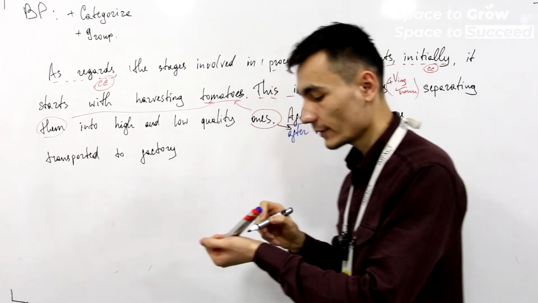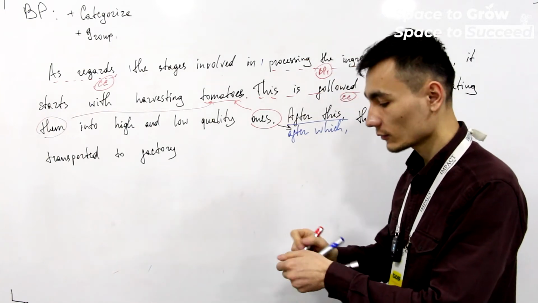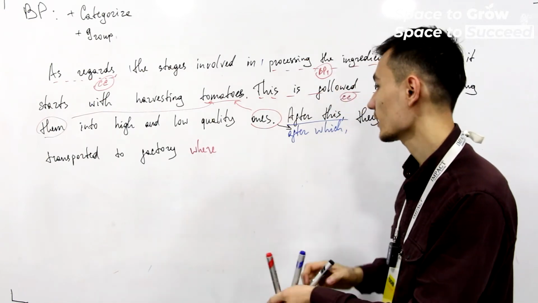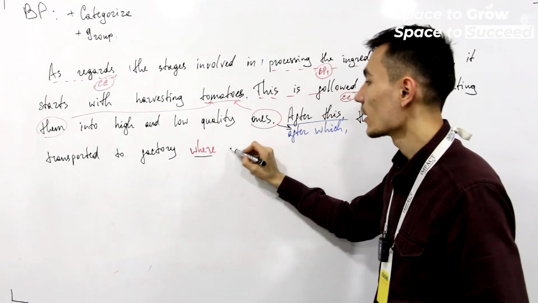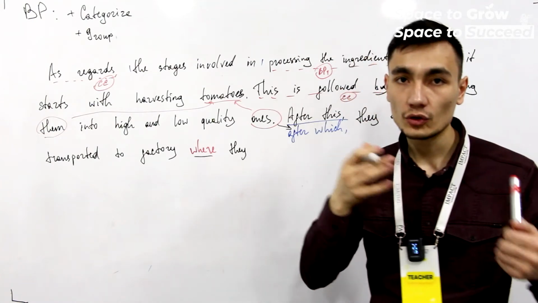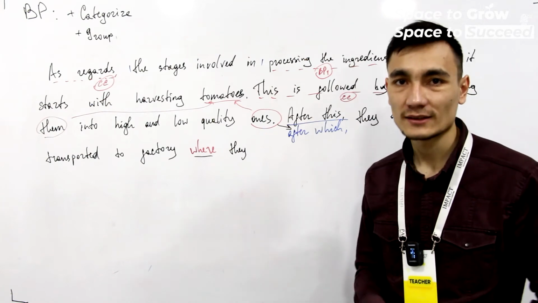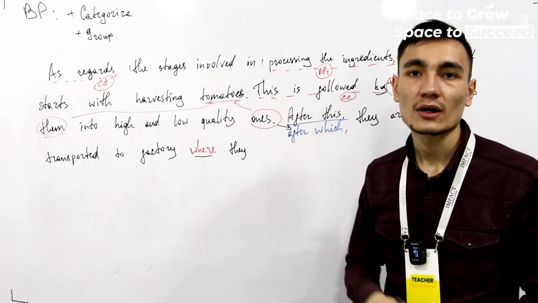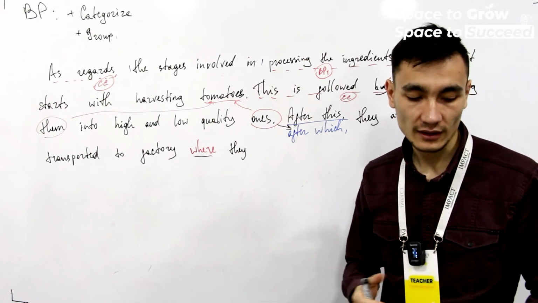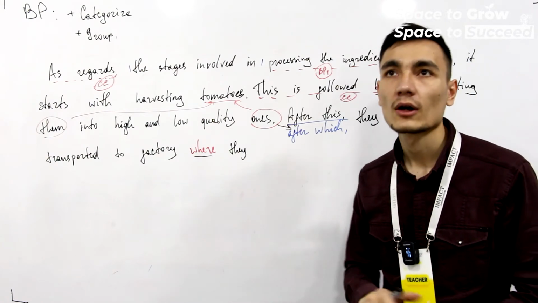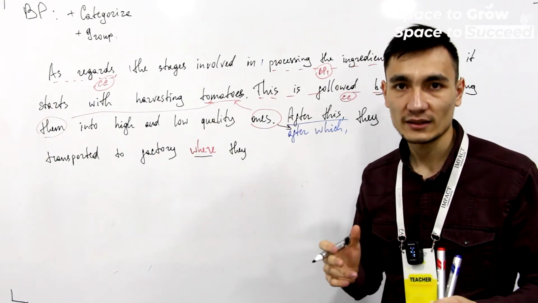We can make it even better by using a relative clause again: "where". So I just used a red one here, it was a mistake. So "factory where they are". What are they doing here? They are removing the skin, seed, and stalk. Let's use remove, or peel off, or eliminate.